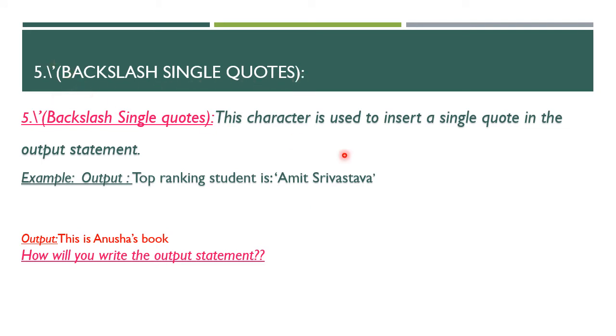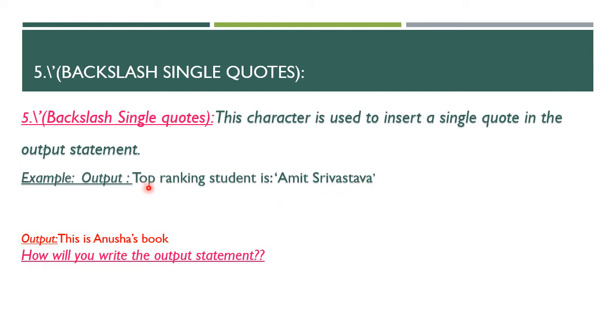The next concept is backslash single quote. This character is used to insert a single quote in the output statement. So, for example, top ranking student is 'Amit Srivatsava'. This name is given in single quotes. If you want to have this kind of output, then how do you write the output statement?